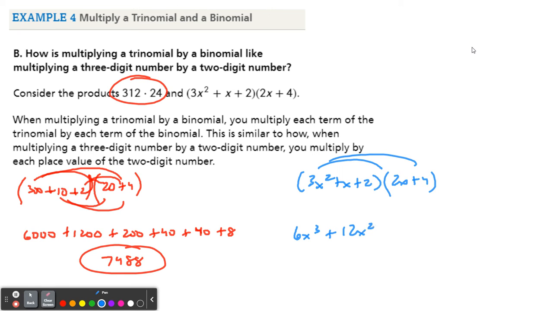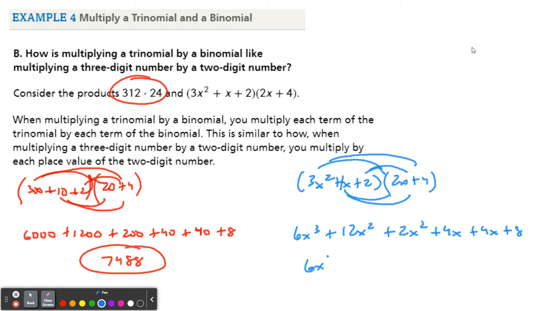Then we'll do the x to the 2x and the 4. Again, this is a 1x, so 1x times 2x is 2x squared, right? 1 times 4 is 4, but the x comes. And then 2 to the 2x and the 4. 2 times 2x is 4x. 2 times 4 is 8.